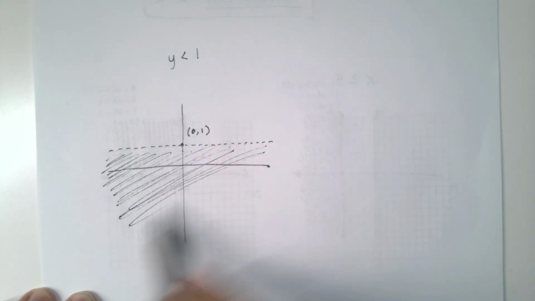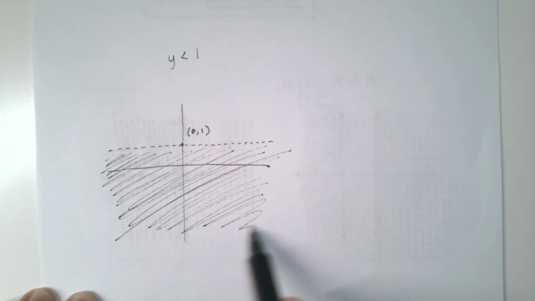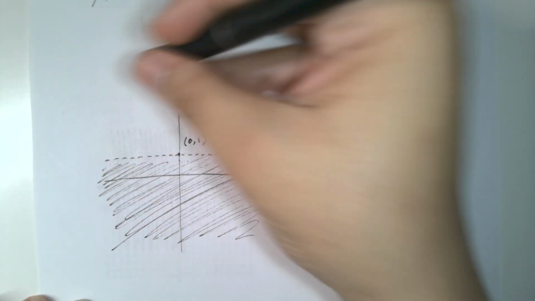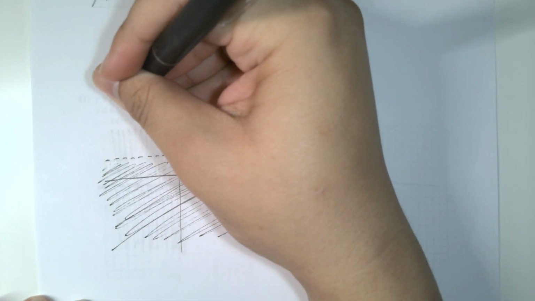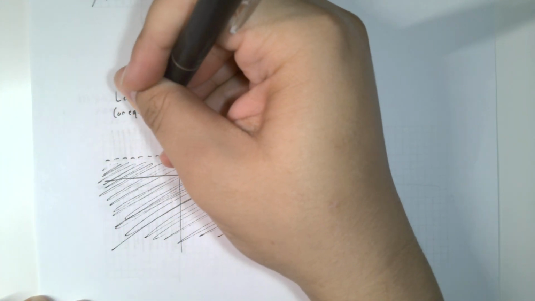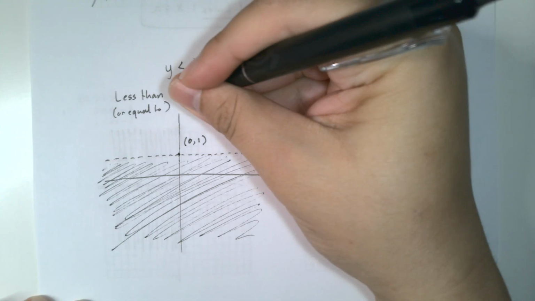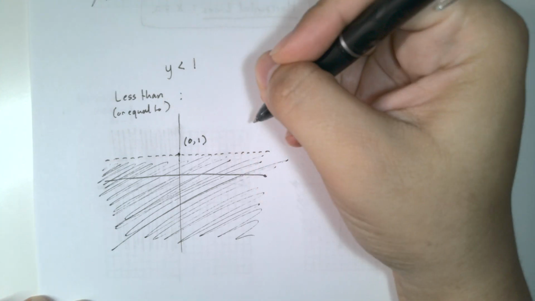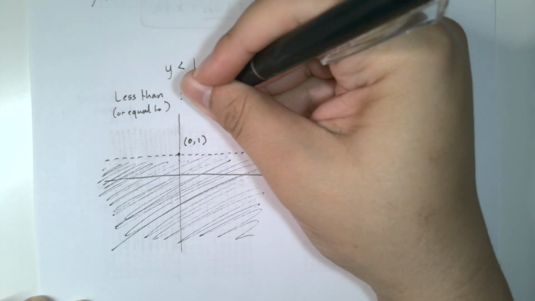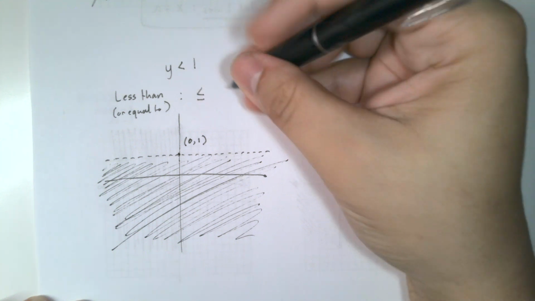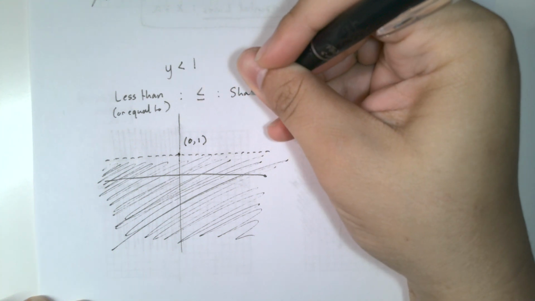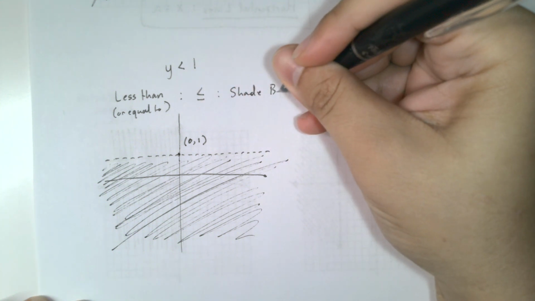So everything down there is going to get shaded. So anytime you see less than or equal to, in other words, that one or with the little bar, doesn't really matter, we're going to shade below.